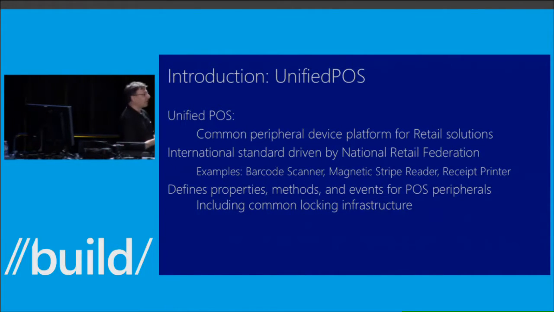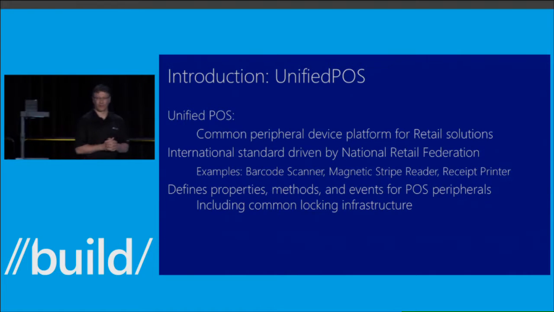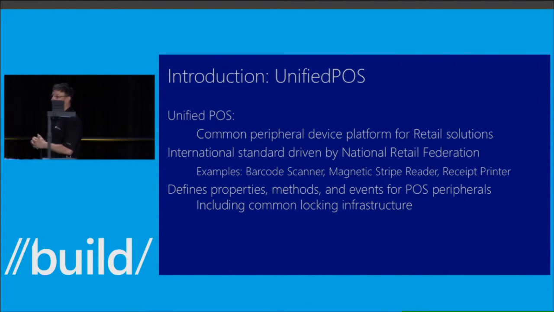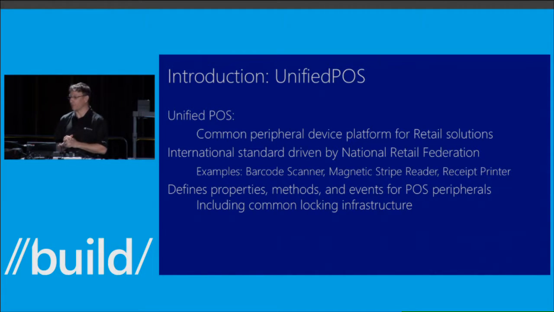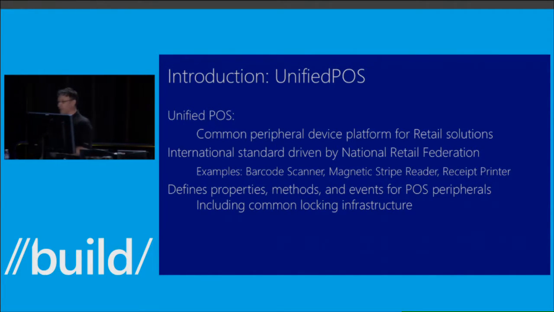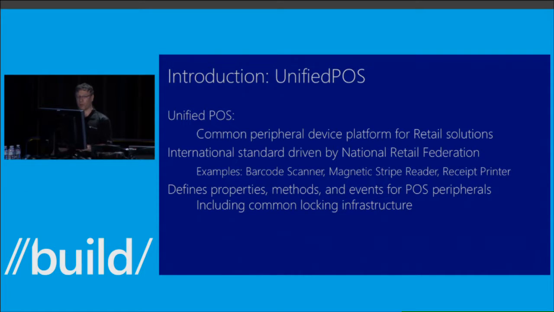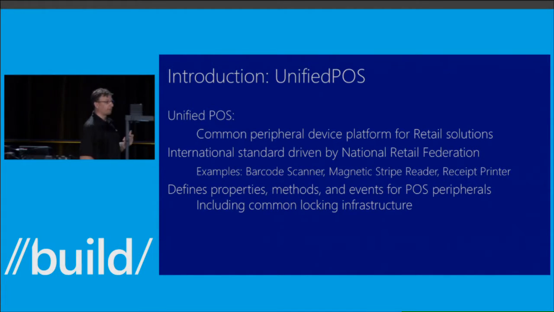So I've already mentioned there are a number of standards in the POS space, things like the payment card industry, or PCI, that deals with the security of card data and encryption of card data from a magnetic stripe reader. One of the standards bodies is called the Unified POS, or Unified Point of Service Standard, which is driven through the National Retail Federation, and they've been driving standards for point-of-sale systems and APIs for a number of years.